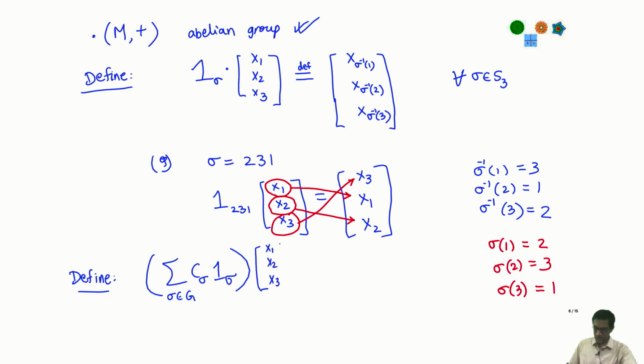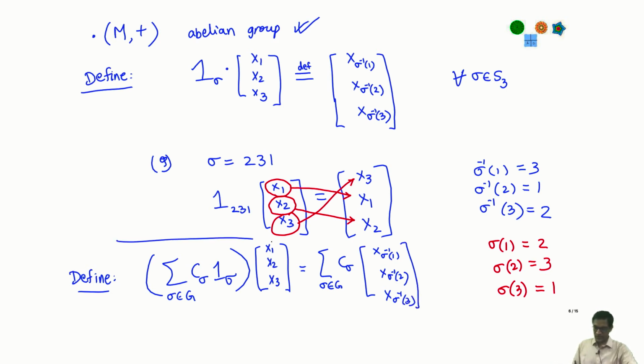The answer is just the sum over sigma of C sigma times 1 sigma acting on this vector, which I know is x sub sigma inverse 1, x sub sigma inverse 2, x sub sigma inverse 3. Okay, so I complete the definition in this way. This is the full-fledged definition.